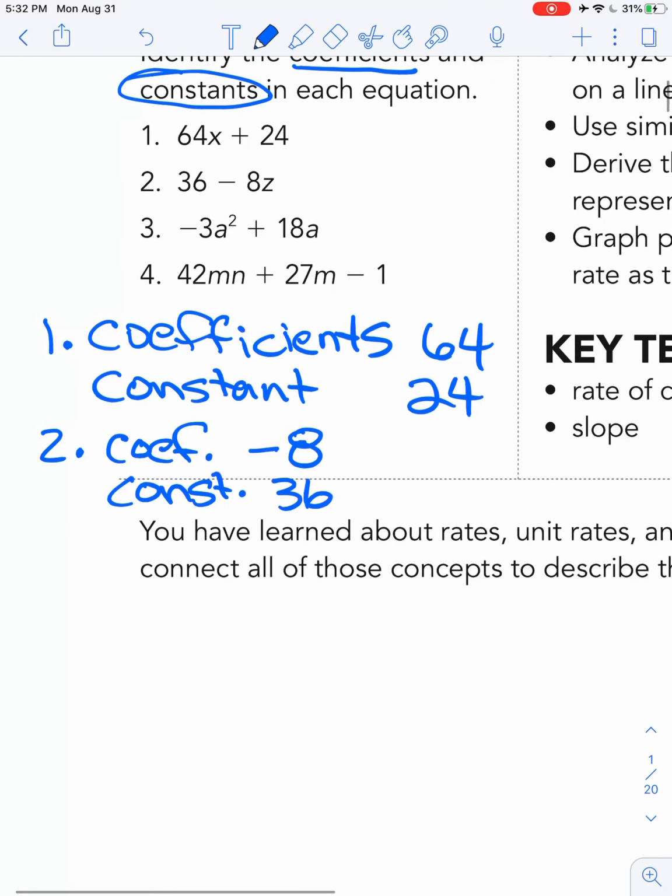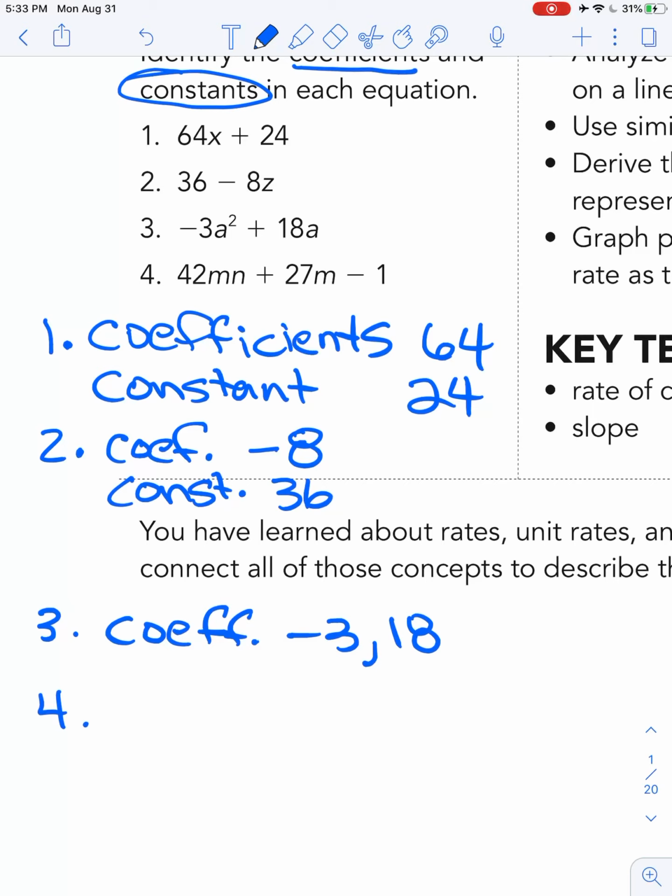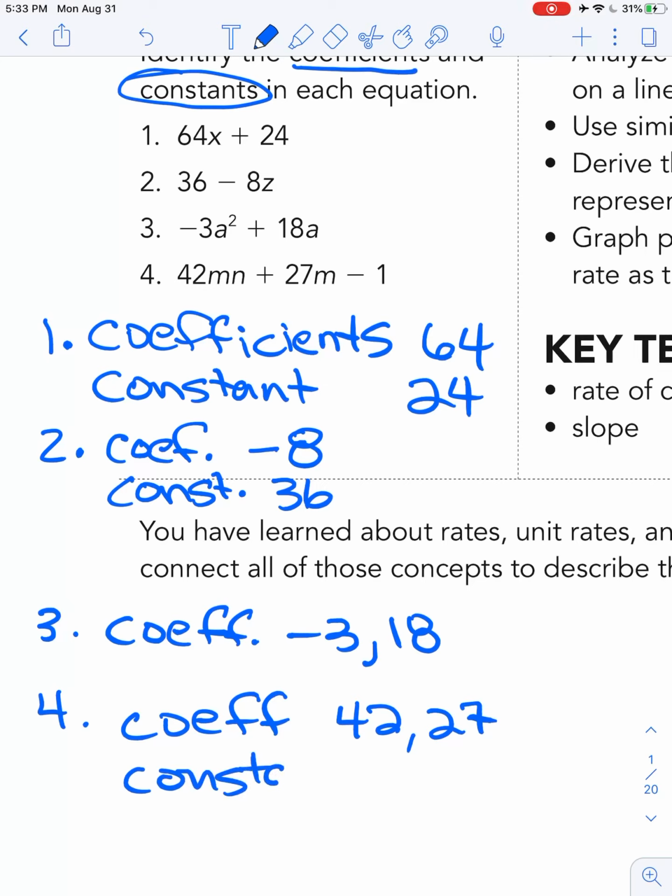On number 3, I'm talking about the coefficient, -3 and 18. And there's no constant. There's no number that stands alone. Number 4, my coefficient, 42 and 27. My constant, the number that stands alone, is going to be -1.